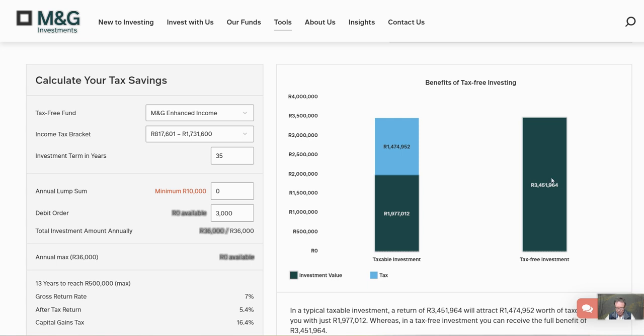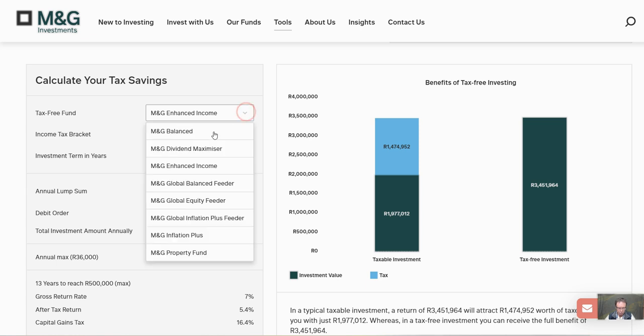On the right hand side you can see that if it's a tax-free savings account with interest in it, you would have received 3.451 million, and there's no tax payable because there's no interest. There's also no capital gains tax, but normally an ordinary interest bearing unit trust or account does not have capital gains tax. And you can see your maximum is 3.45 million in the tax-free savings account.